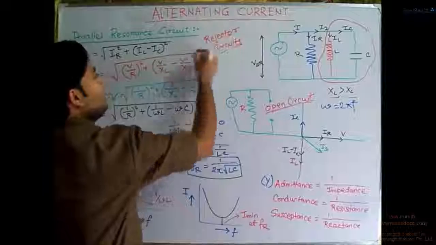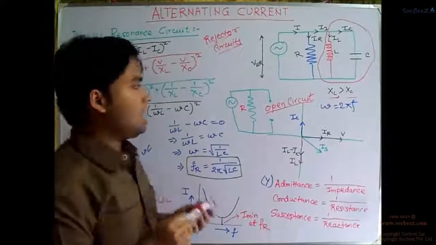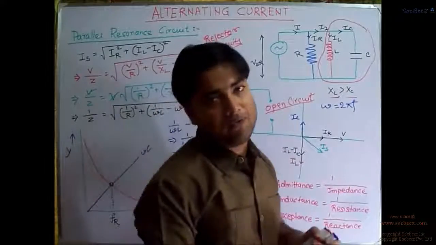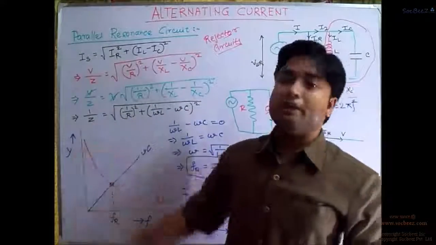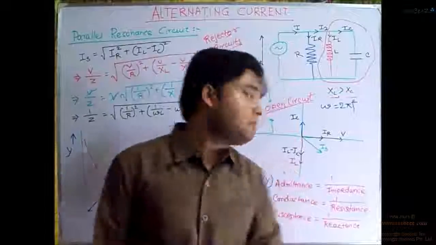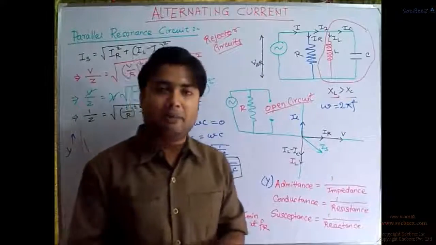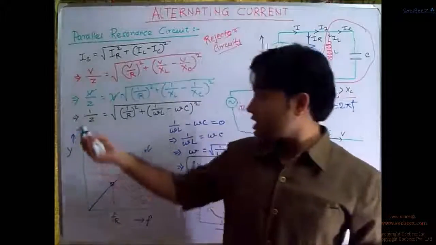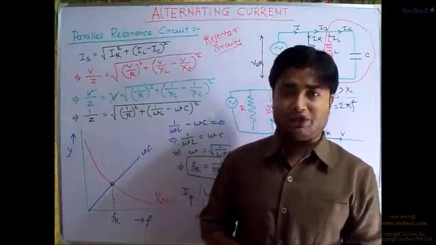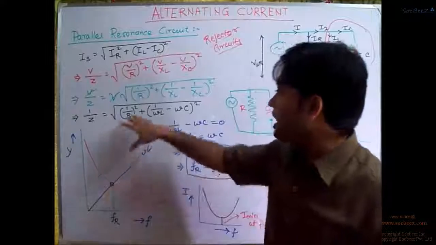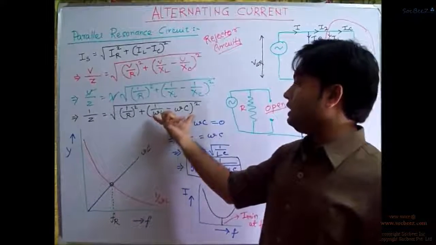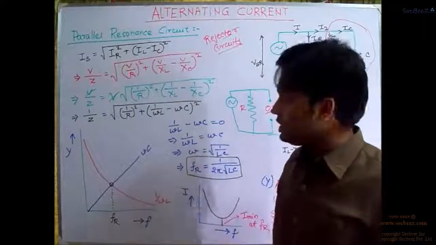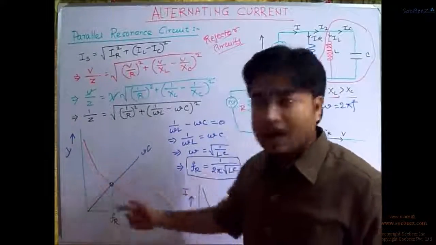So obviously we have understood, for XL greater than XC, what the phasor diagram will be. After the phasor diagram, we found out 1 divided by Z, which is equal to the admittance, and admittance is simply the reciprocal of the impedance. We also saw how, if this part is equal to 0, we can find the resonance frequency, and with the help of that the graph is drawn.